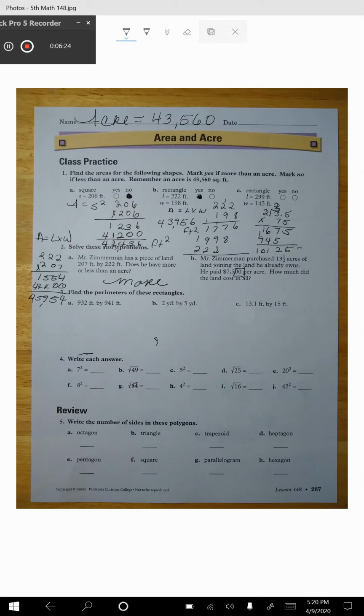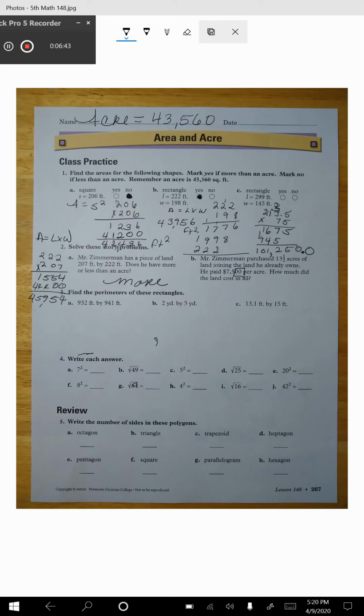I'm going to put those two zeros in, and then I'm going to put this there. I get $101,250. Let's see if we're right.